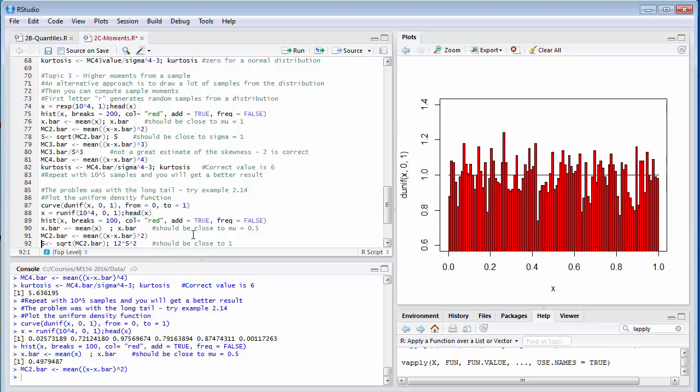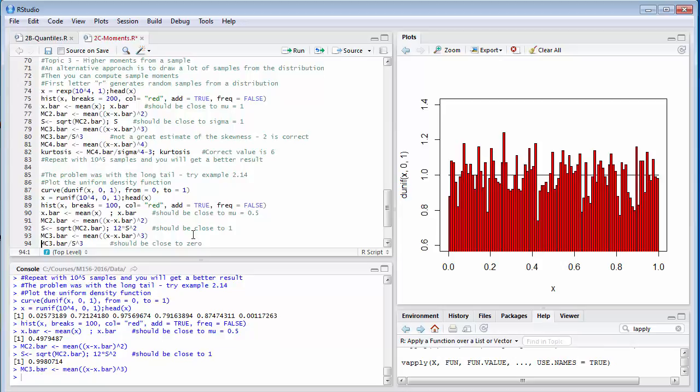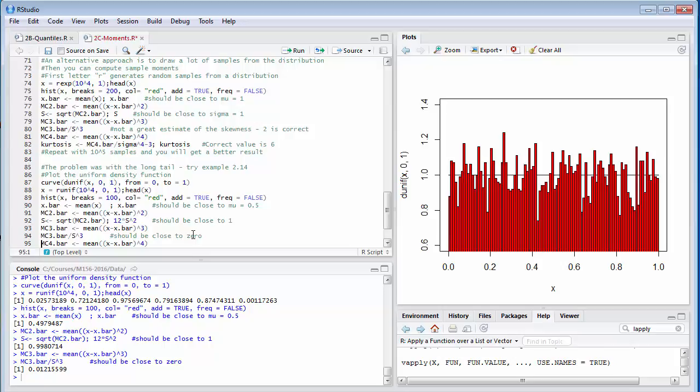And then, since the sample variance is supposed to be 1/12, I'll square this and multiply by 12. I should get a number that's close to 1, and indeed I do. Theory's working fairly well. The third central moment, of course, is very close to 0 because this distribution is symmetric.